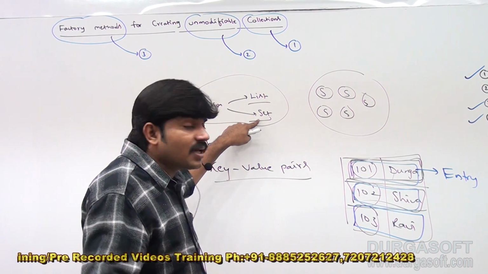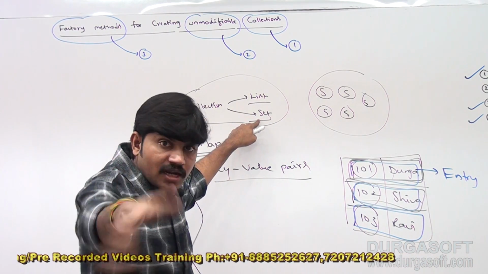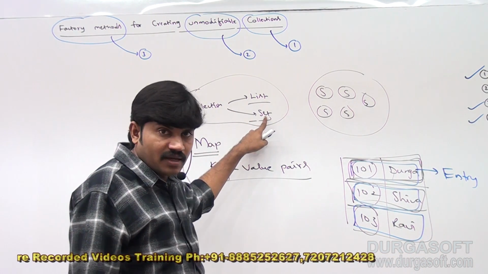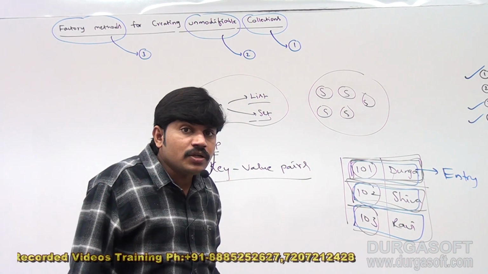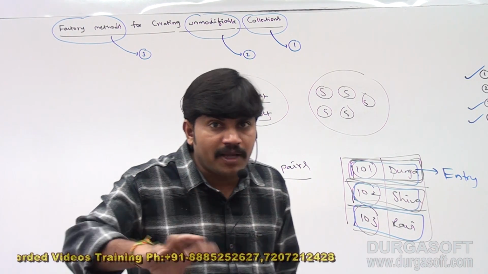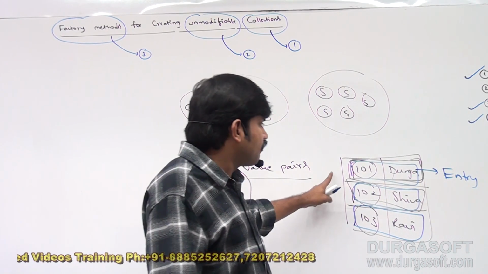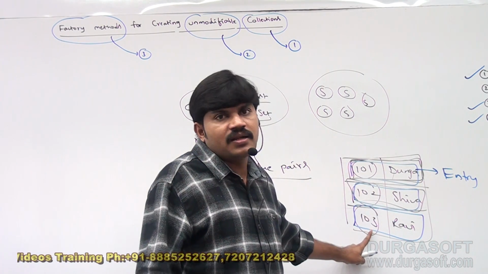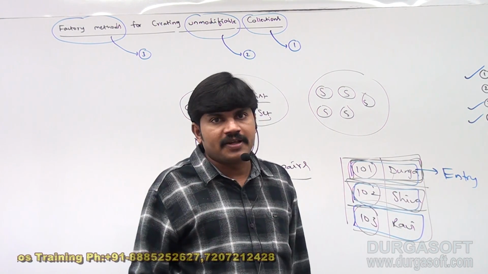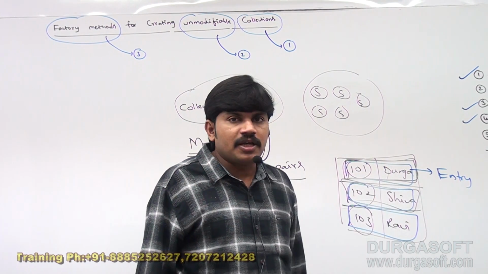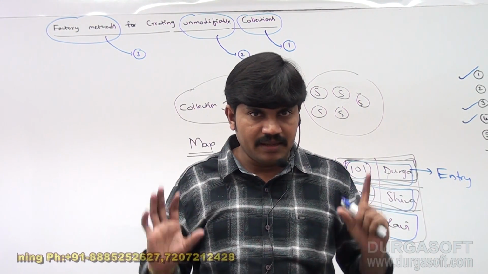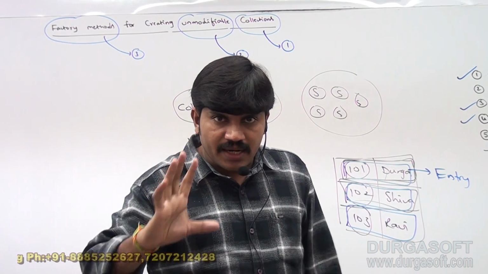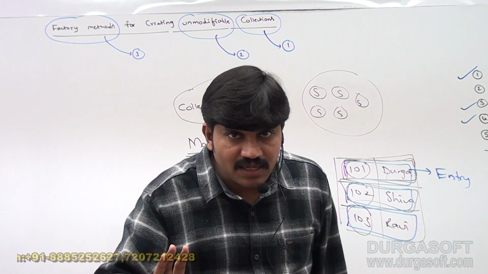Next, duplicates are not allowed, insertion order not preserved. That is the rule of set. Are you getting? Next, if you want to represent a group of key value pairs, then we should go for what? Map. Duplicate keys are not allowed, but values can be duplicated. Each key value pair is called what? Entry. Remember that. Are you getting a basic idea about the collections concept, right?